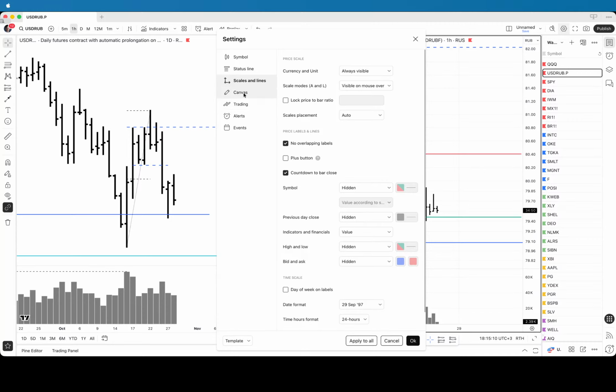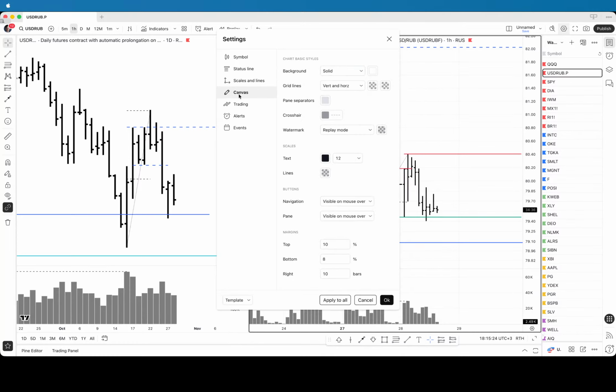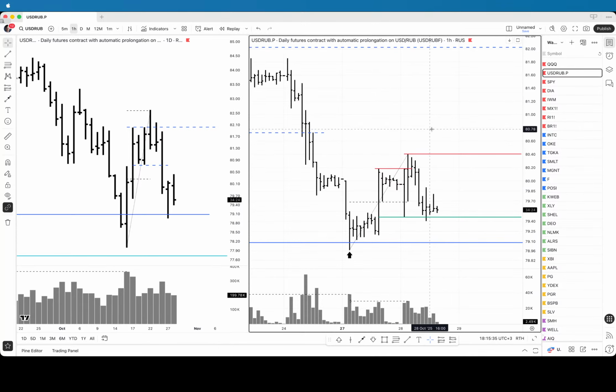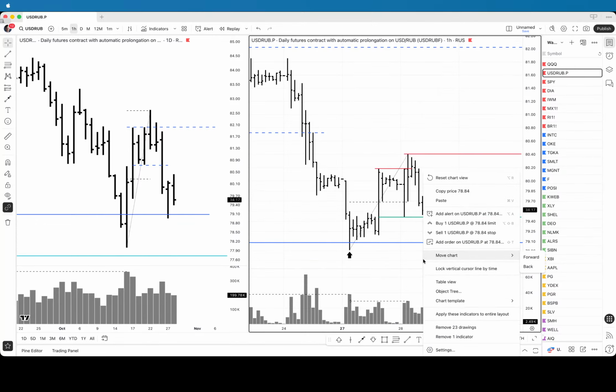I want to unify, remove this separation in between volume and price.